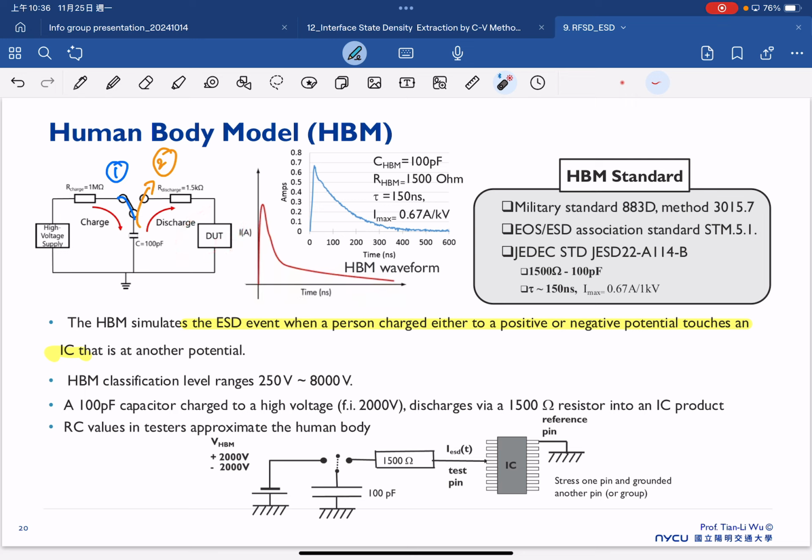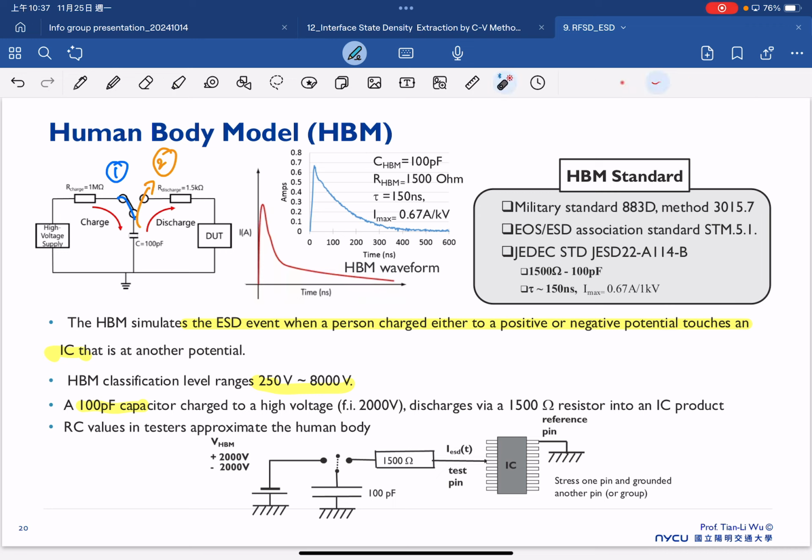The typical HBM classification level ranges from 250 volts up to 8,000 volts, and usually we use a 100 picofarad capacitance charged with a high voltage and discharged to our IC.